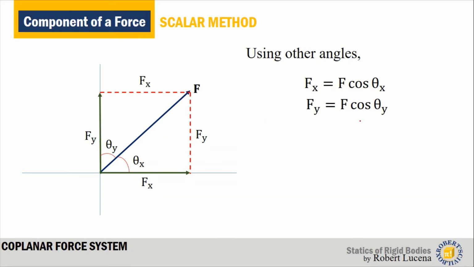Therefore, we can solve Fy as F cosine theta y. If you have reviewed the previous videos of this lecture series, you will understand why theta y is used for representing a vector F. That's why I use theta y instead of theta x. However, you could use either theta x or theta y in analyzing the components of a vector.